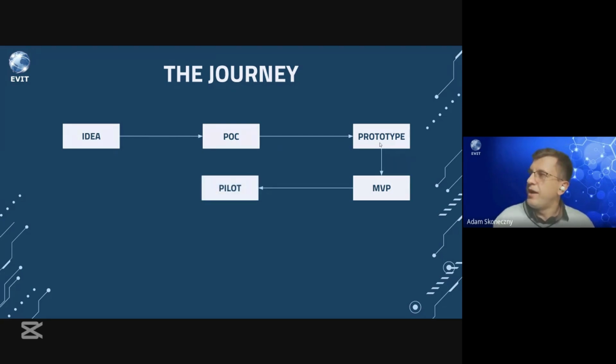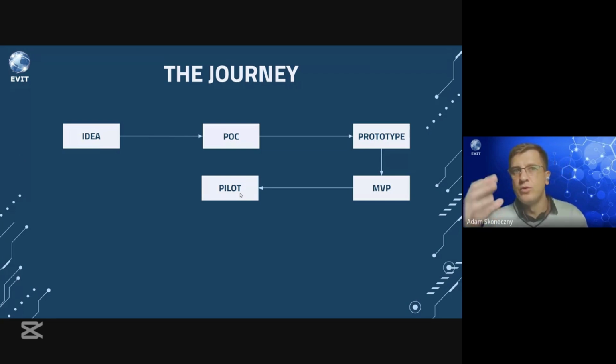Then when the software development company creates this minimal viable product, they will run a pilot with the client. They will test the product they created with a limited sample of users.